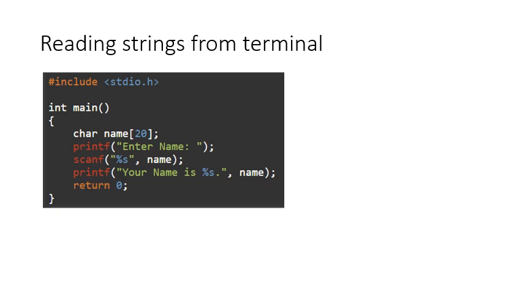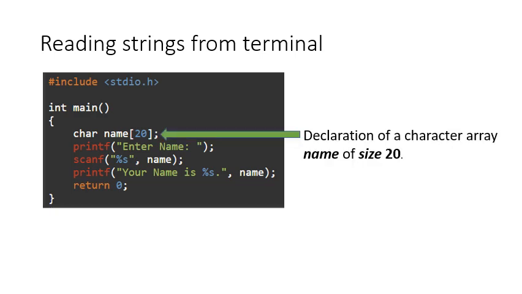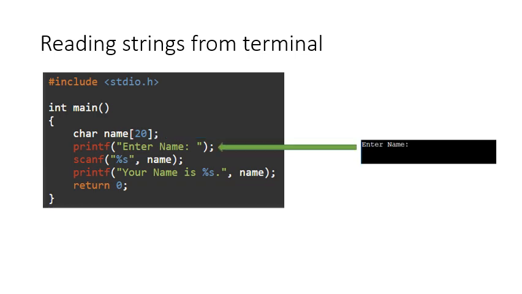I have a main function, and inside it I declare a character array called name, and the size of the array is 20. Next, when the control reaches the next statement, it says "Enter name", so I will get an output like this.